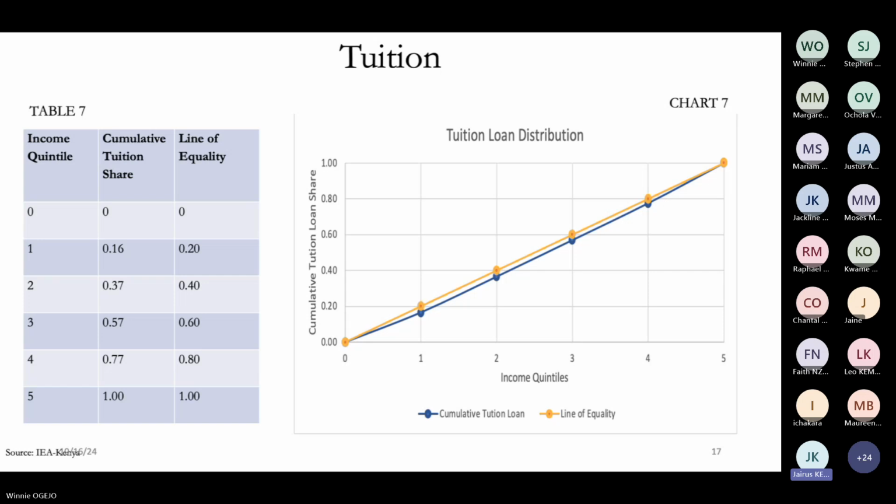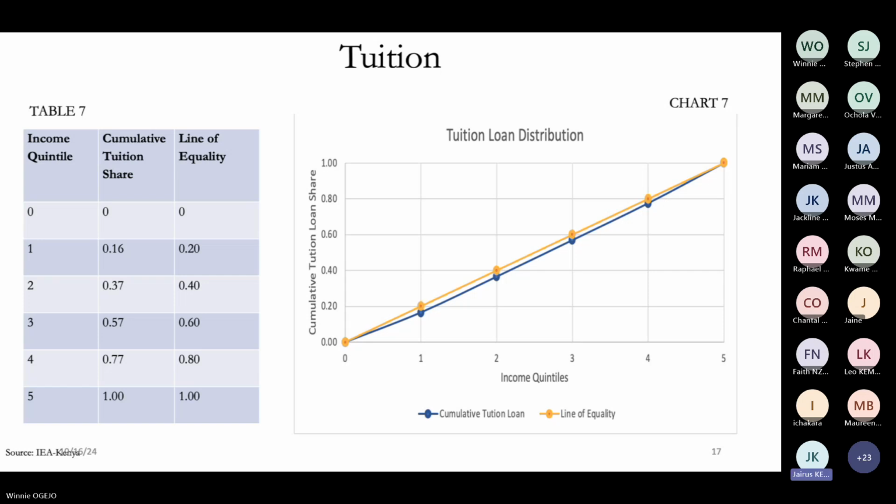But if you look closer, you'll find that between quintile 1 and quintile 2, we have a difference of 20, which implies that quintile 2 received actually their fair share. And then from 3 progressing to 5, now we start to see that these groups receive a little higher than their equitable share.